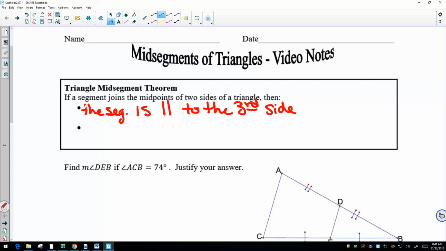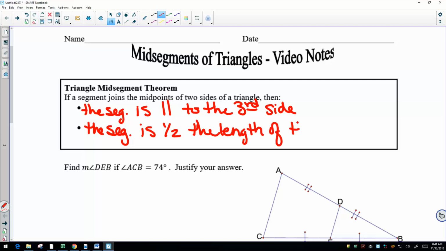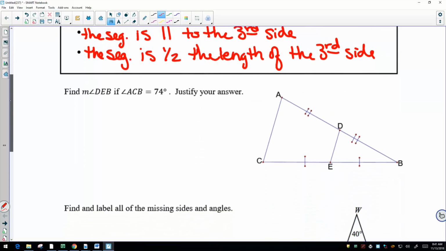And we are going to say the segment is half the length of the third side. Okay, so keeping those two important properties in mind, we're going to answer a few questions below.